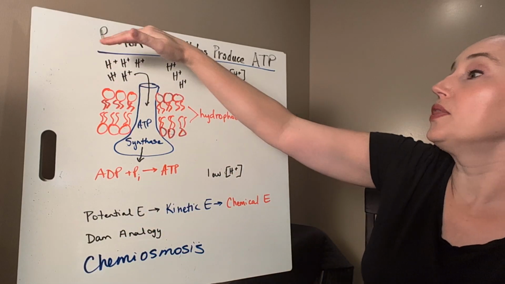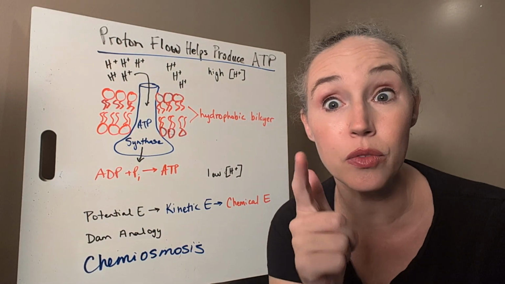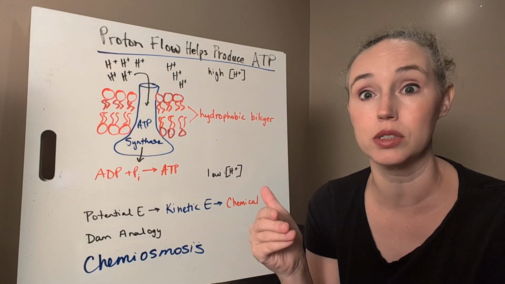So with this whole setup, which you're going to see in cellular respiration and in photosynthesis, okay, yes, ATP is made in photosynthesis as well.